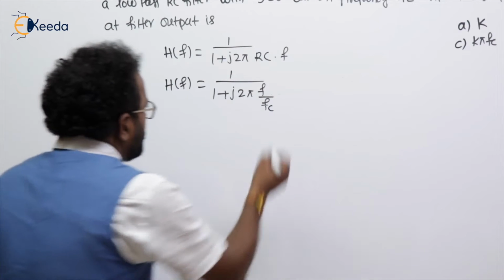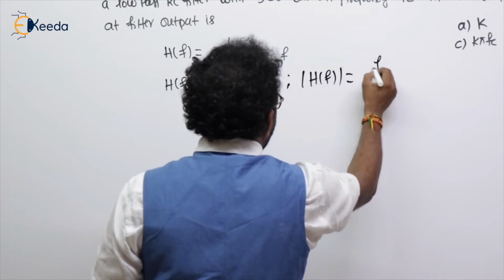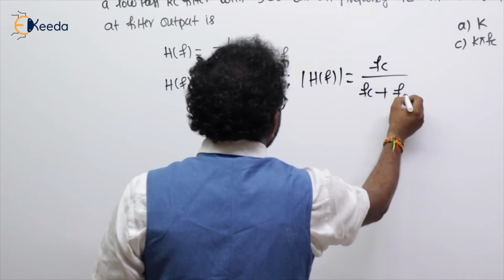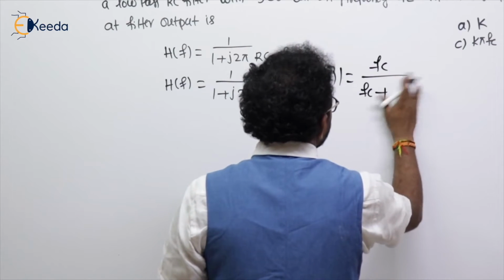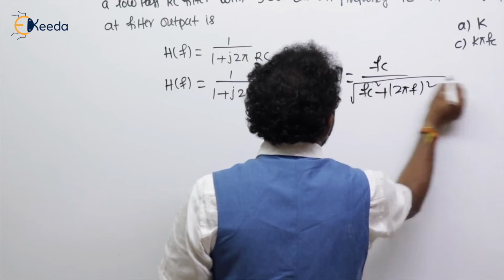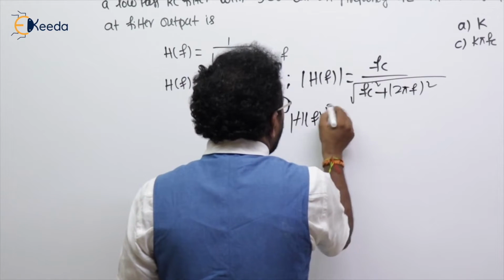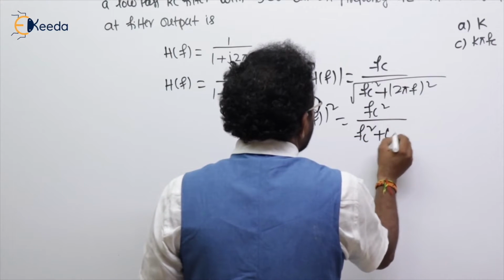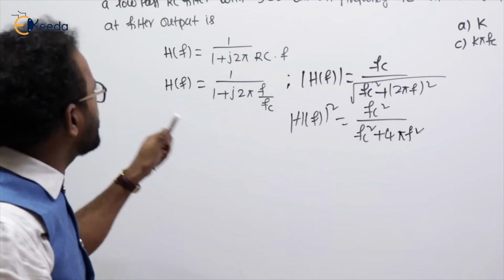Mod H of F is nothing but FC by the square root of FC square plus 2 pi F whole square. And if you square it, mod H of F whole square is nothing but FC square by FC square plus 4 pi square F square.